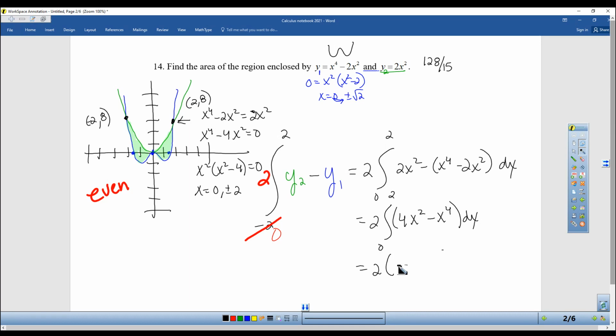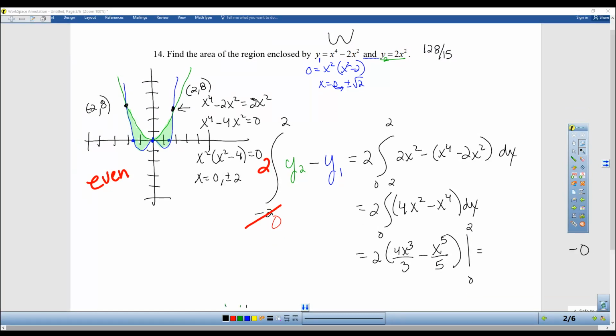And that gives me 2 times 4x cubed over 3 minus x to the fifth over 5, from 0 to 2. Okay, x to the third and x to the fifth. I'm definitely happy I don't have to plug in a negative 2. Plugging in the 0 will definitely produce a 0.